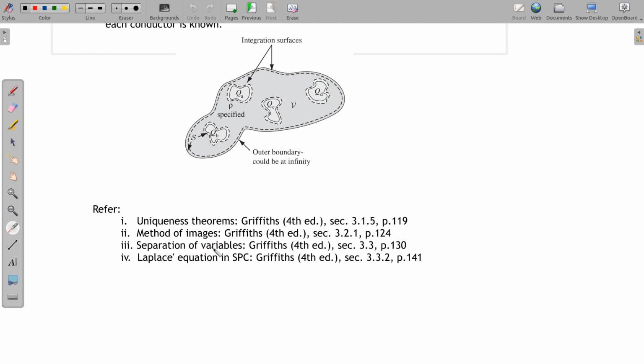And then a generalization of this, the Laplace equation in spherical polar coordinates, leads to another interesting result which can also be very easily applied to problems. Just by looking at the geometry of the problem, you could use the Laplace equation in spherical polar coordinates. So I'd recommend that you refer to these sections.